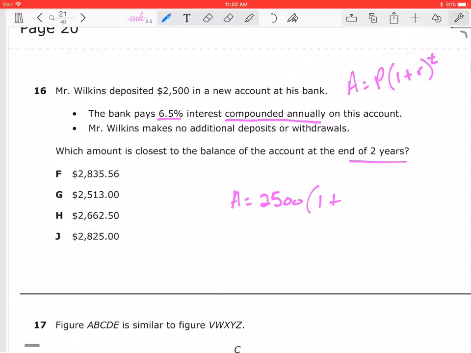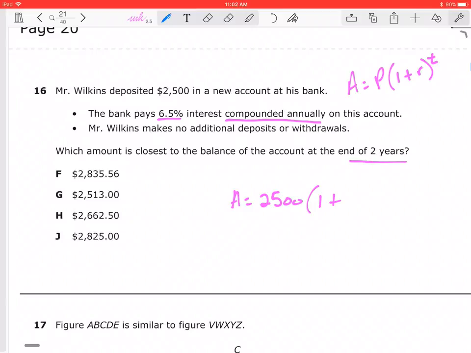Now remember, that needs to be a decimal. I'm having technical difficulties, hold on. I accidentally, when I went to my phone to calculate, took a screenshot.